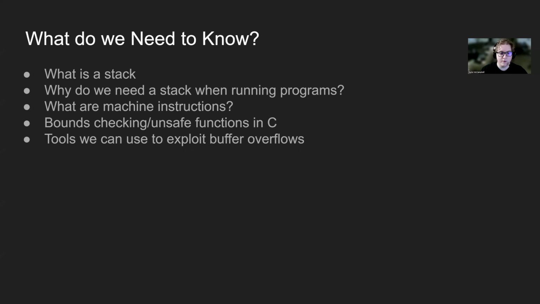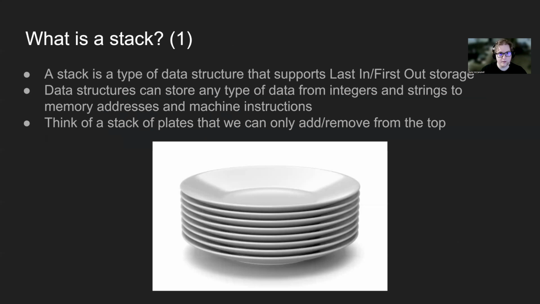And then we need to be able to use certain tools to be able to read programs and then exploit the vulnerability in the program and get the flag, or in the real world, discover a vulnerability that can be used in some sort of attack. So that's what we need to know. We're going to go over these piece by piece.